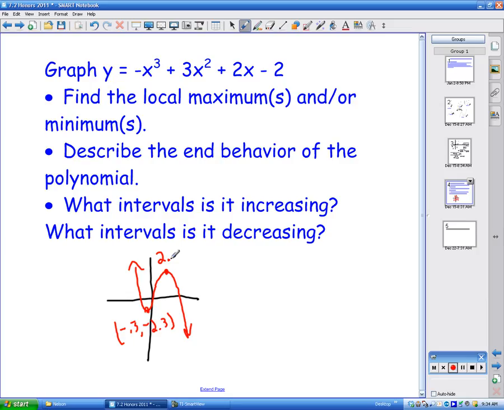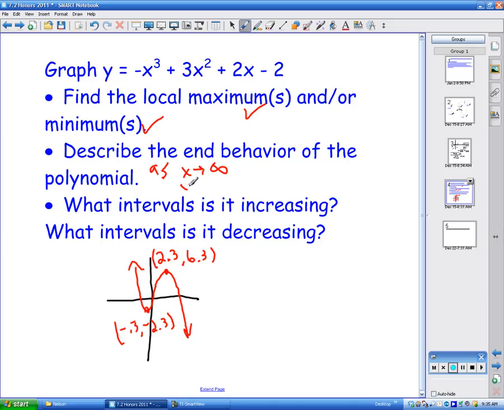So 2.3, 6.3. Okay, so we've got the maximum, that's 2.3, 6.3. The minimum, we did that. The end behavior, we'd say as x goes to infinity, so as x gets positive, the y is getting negative.